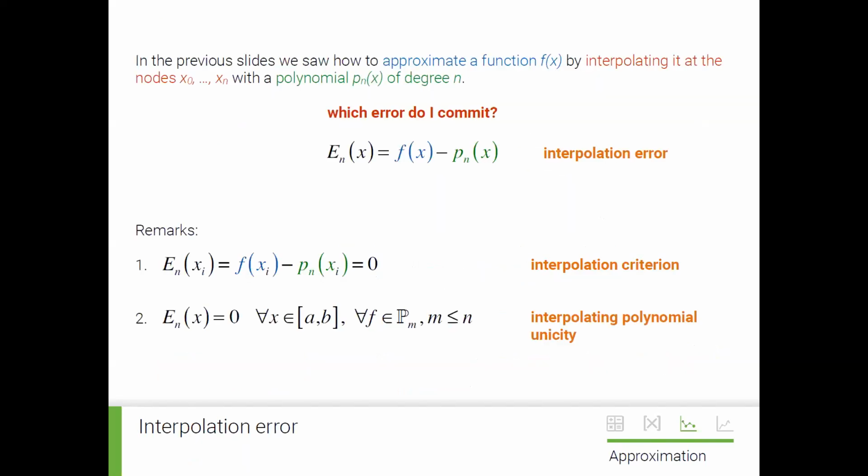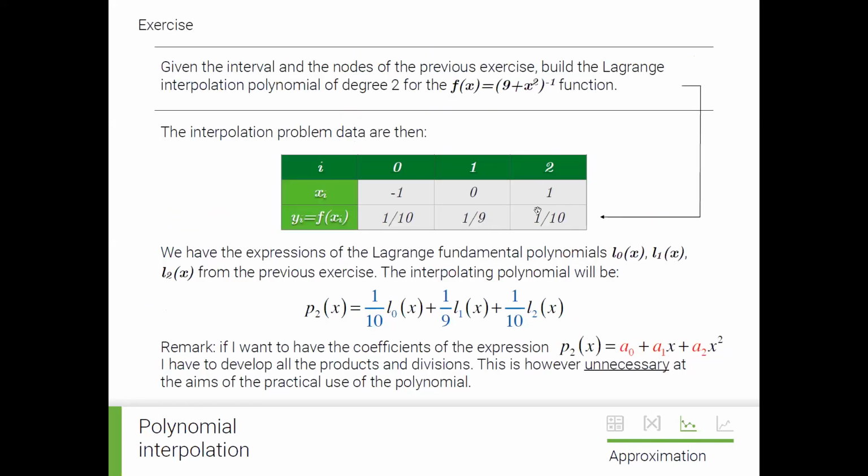So, in the previous slide, we saw how to approximate function f of x by the interpolating polynomial. Here we approximated our function f of x with the Lagrange interpolation polynomial.